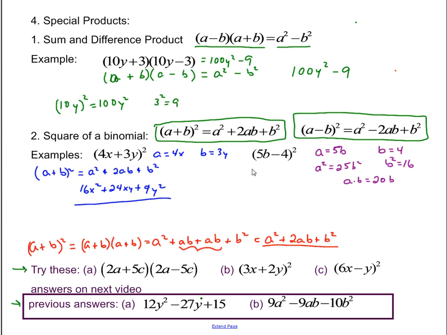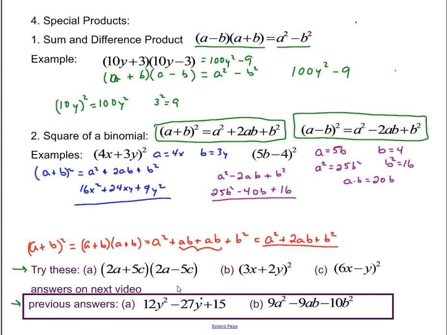So by our formula right here, if a minus b squared is a squared minus 2ab plus b squared, then filling in the formula is going to give us 25b squared as the first term. We're going to take ab, which is 20b, and multiply that by 2, so it's minus 40b, plus b squared. Well, instead of b, it's 16, so plus 16. And this is our simplified expression.